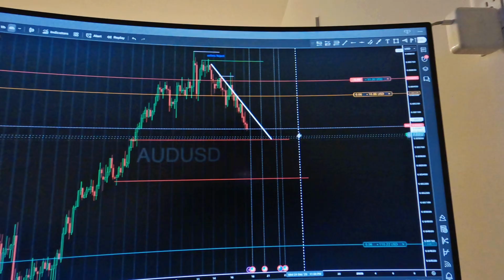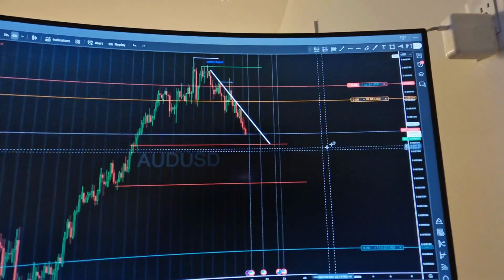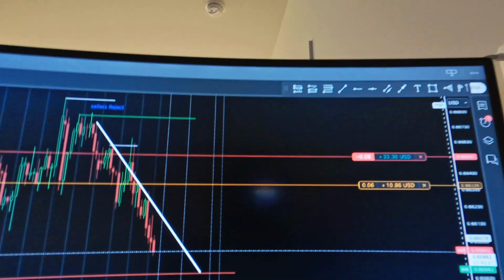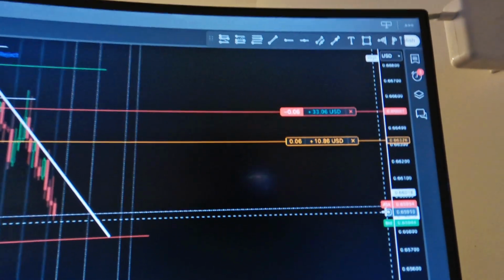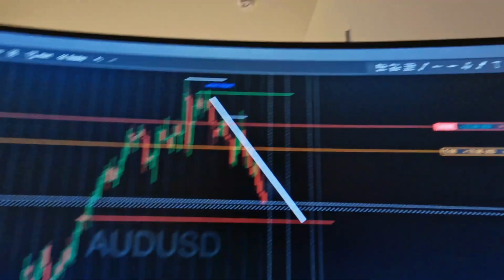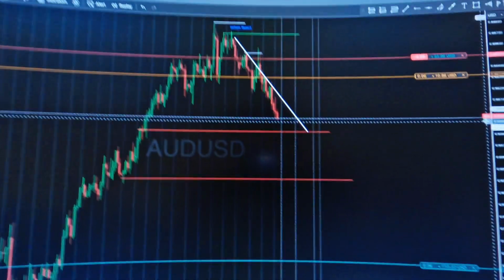It's a risk-free trade, profit $10.86, we're up $33. Remember, this is just a $150 account. Now that's the trade I'm in right now.